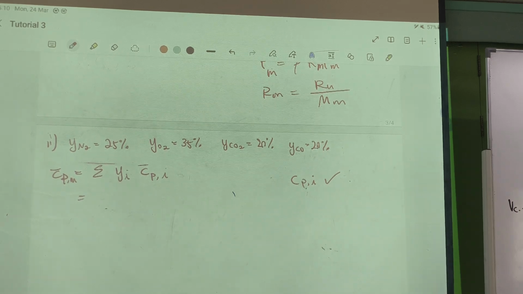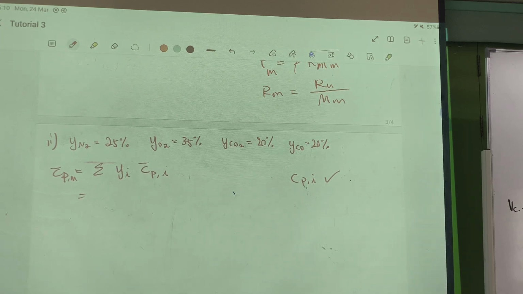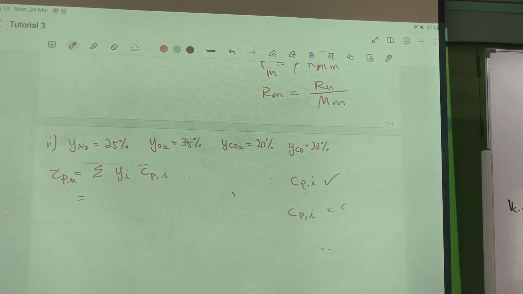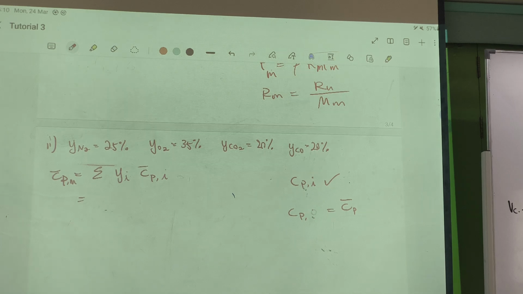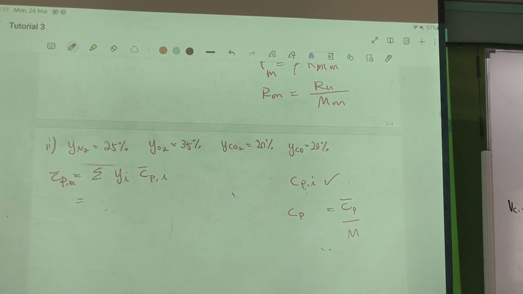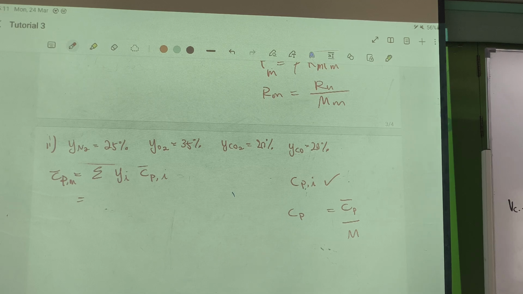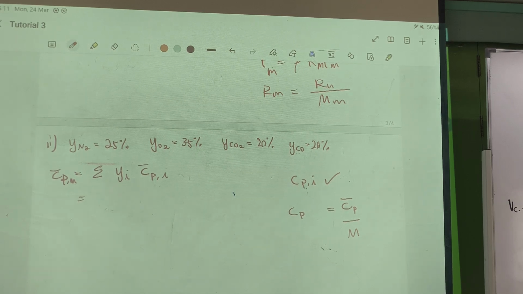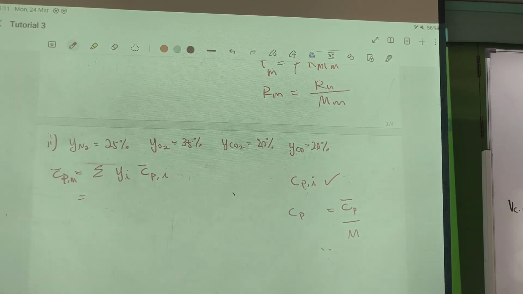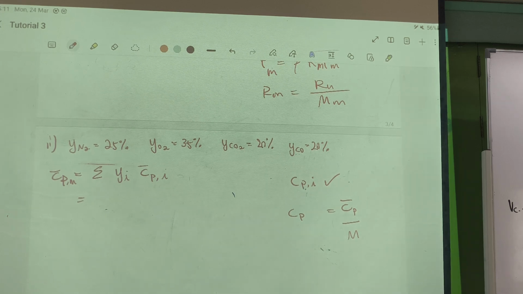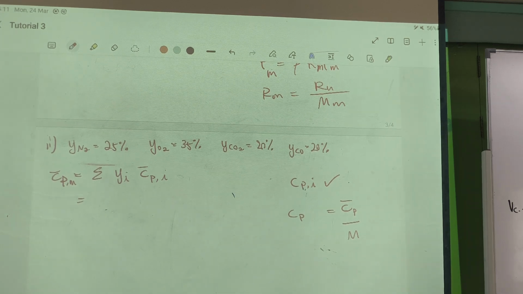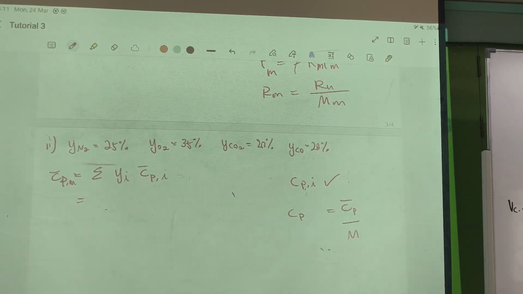So Cp is actually just Cp bar over the molar mass. Makes sense, right? You use the mole version divided by the molar mass to get the mass version.